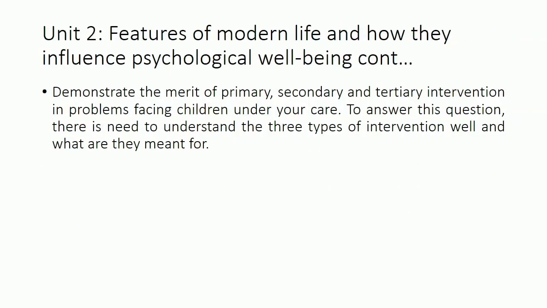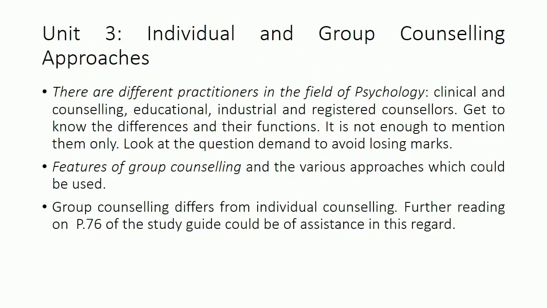If you are to demonstrate the merit of primary, secondary, and tertiary intervention in problems facing children under your care, to answer this question, there is need to understand the 3 types of intervention well and what they are meant for.